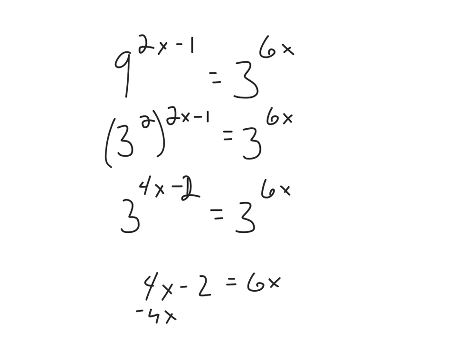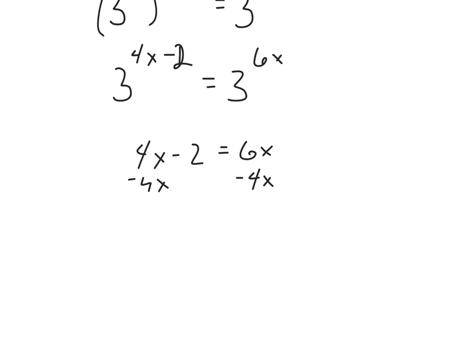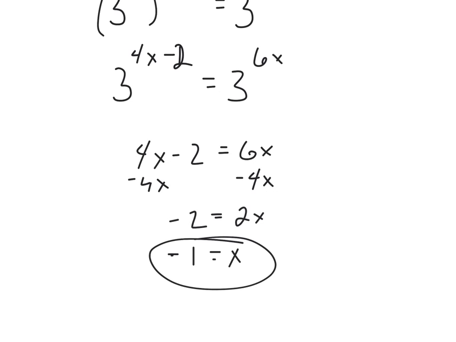Subtract the 4x from both sides. I get negative 2 equals 2x, which means that x is equal to negative, sorry, let's try that again. Negative 1. I mean, you were close.